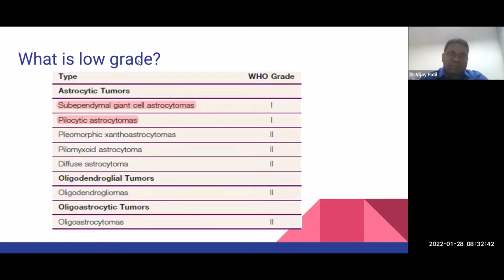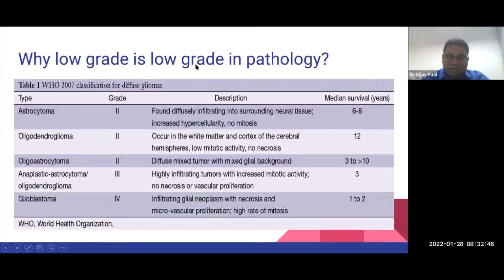So now, what you must understand here is that in adults, 85 to 90% of the time, the data suggests that low grade would be grade 2. The TMH data suggests it is actually 92 to 93% that adult low grade will be grade 2.